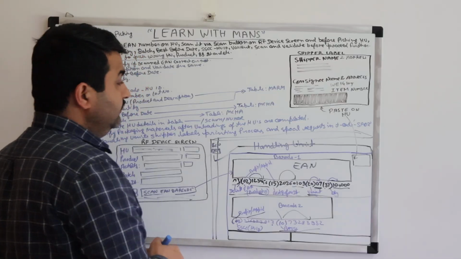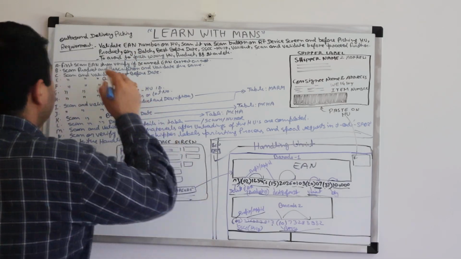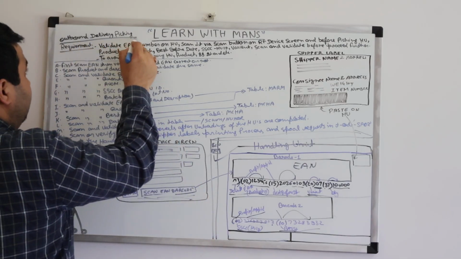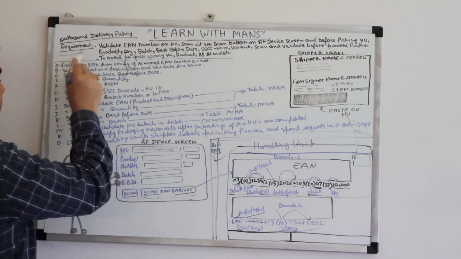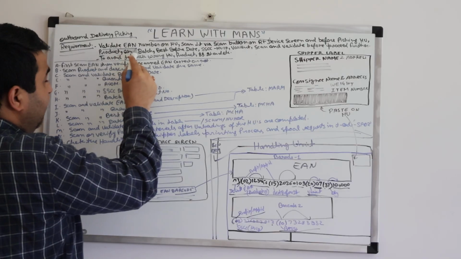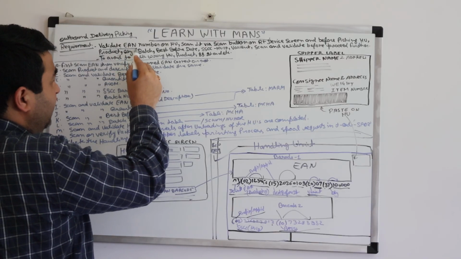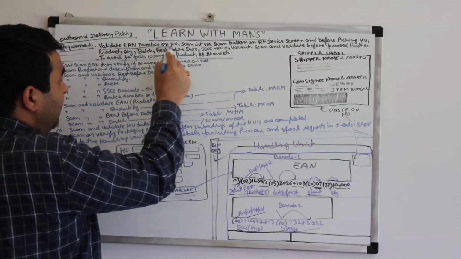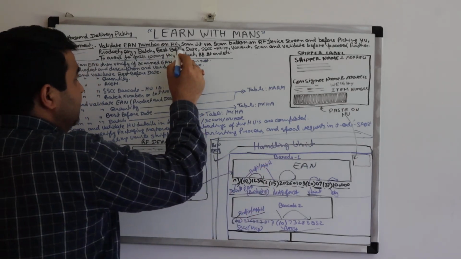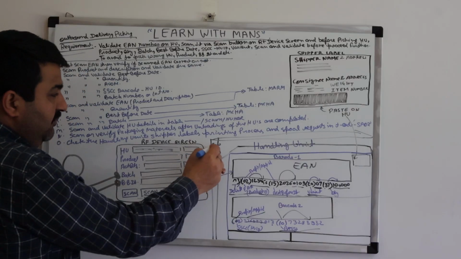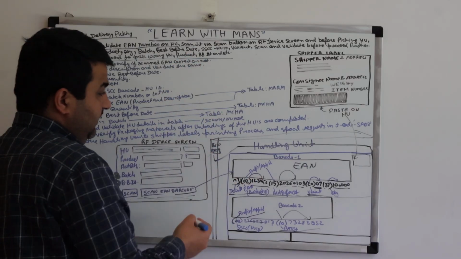The first step: our requirement is on the outbound delivery side, and I'm from Learn with Mans. The requirement is to validate the EAN, European article number or international article number, on the handling unit. Scan it, and before that validate the bin. That is a common scenario.